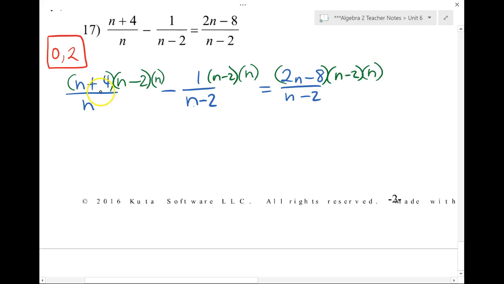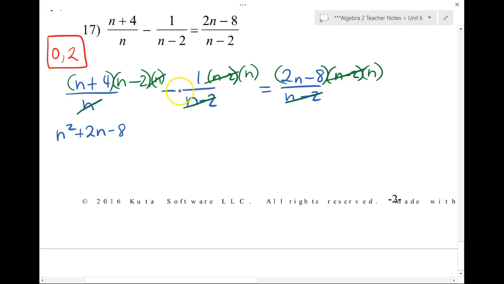Okay, so now let's go across and cancel factors. In the first one, I can cancel n and n. Here, n minus 2 and n minus 2, n minus 2 and n minus 2. Now here I've got n plus 4 times n minus 2, so I'll go ahead and FOIL that. That'll be n squared, and then -2 plus 4 would be plus 2, so 2n, and then 4 times -2 would be -8.